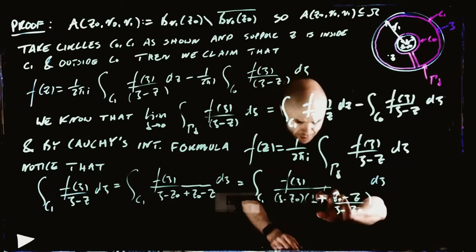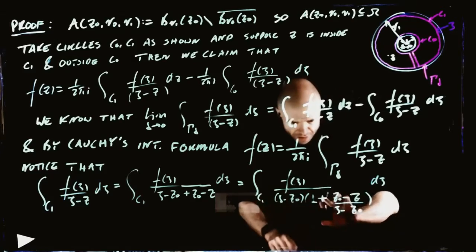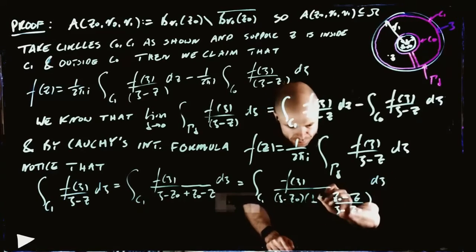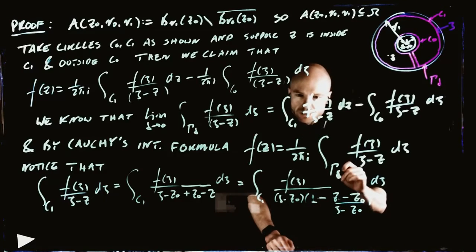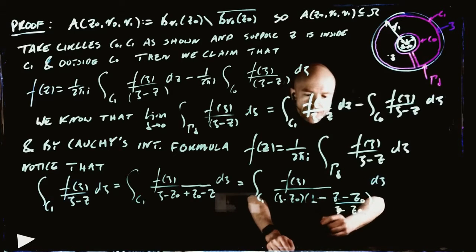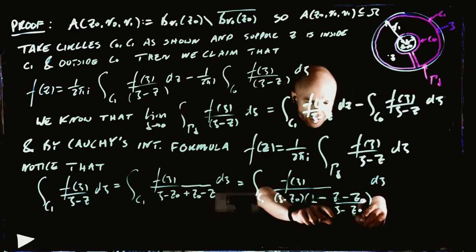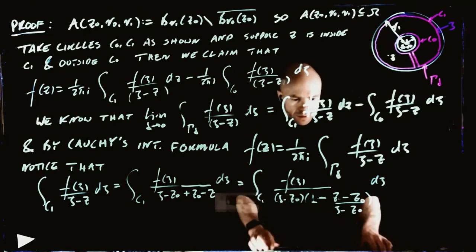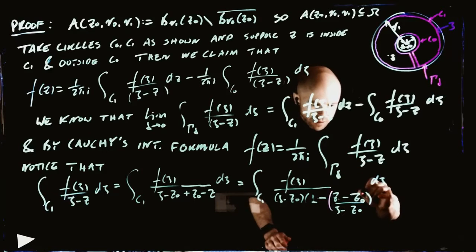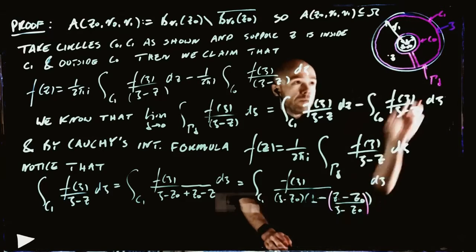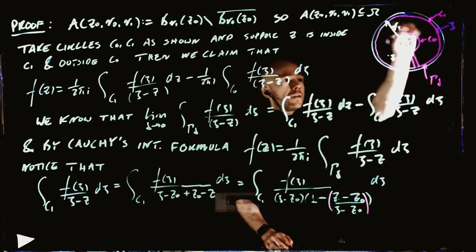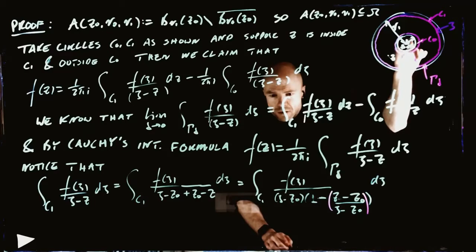If I swap the z0 and the z, then I can write this as 1 minus z minus z0 over zeta minus z0. And then what is this thing? For every choice of zeta, this thing is a complex number strictly smaller than 1, just by what I said, that this distance is a lot smaller than zeta minus z0, no matter what zeta we have on this outer circle.